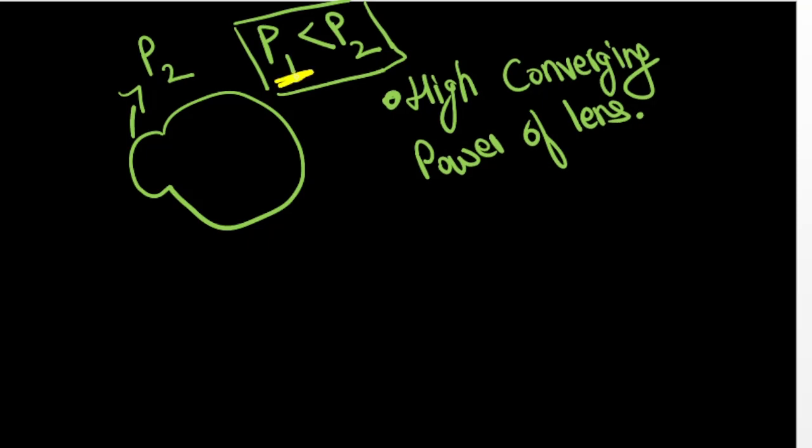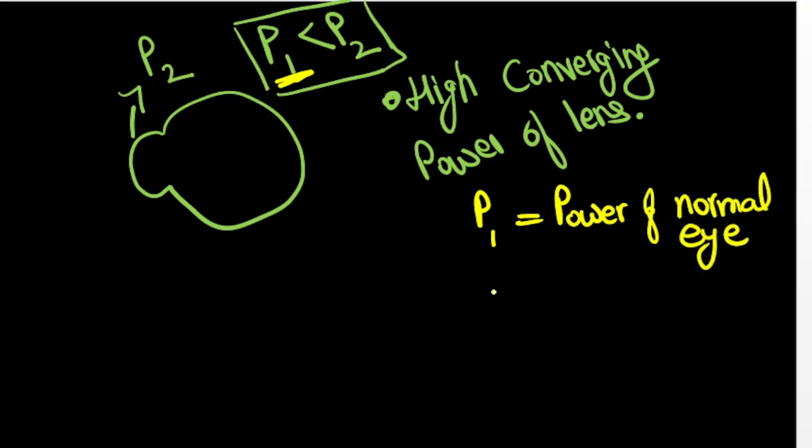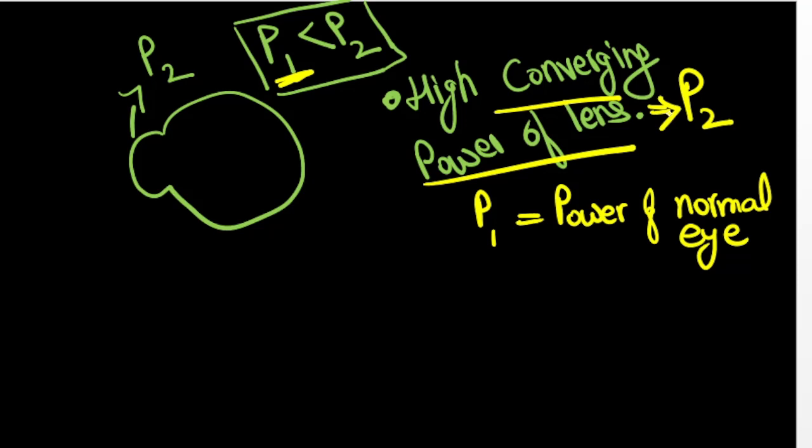So what was P1? P1 I had taken as the power of the normal eye. The power of the normal eye is P1, and the new power of the lens is P2. So P2 is greater than P1.